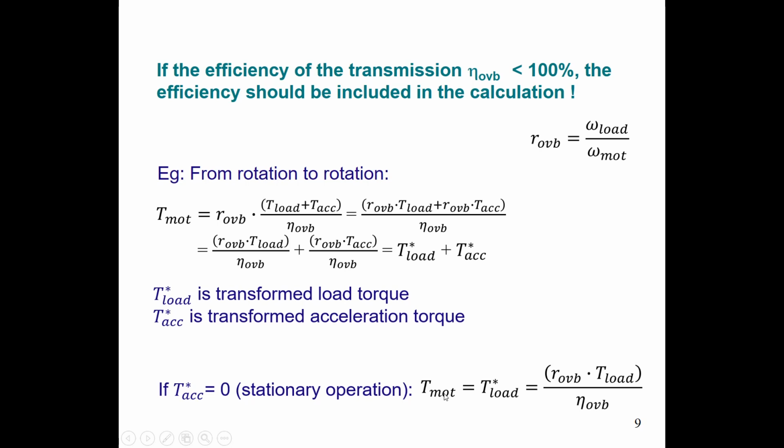So it also has impact in the same way on the motor power, because as you remember, the mechanical power equals the torque times the angular speed. So the efficiency has impact on the torque, so it has also impact on the mechanical power and not on the angular speed. Well, that's all.